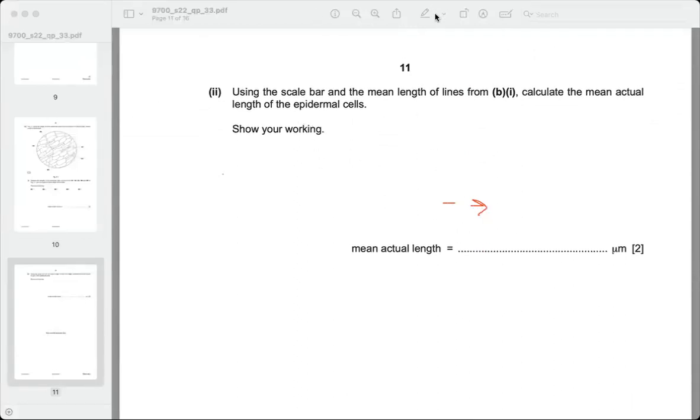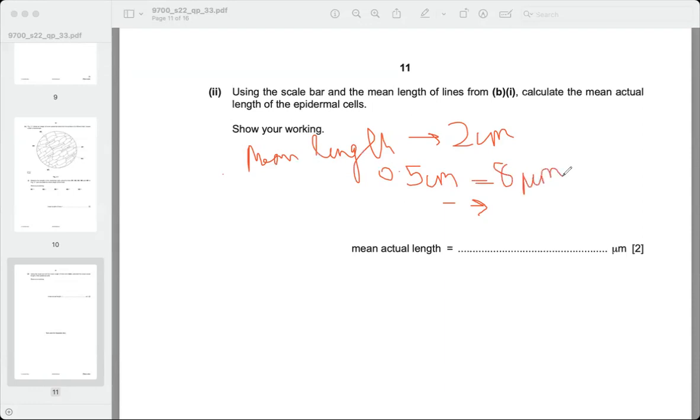Coming back to where we started from, we assumed that we got our mean length as 2 centimeters, and the scale measurement showed us that 0.5 centimeter is equal to 8 micrometer. So all you have to do is a simple calculation: 2 centimeter corresponds to 8 divided by 0.5 multiplied by 2, and that's where you get your answer, which you will write in micrometer.